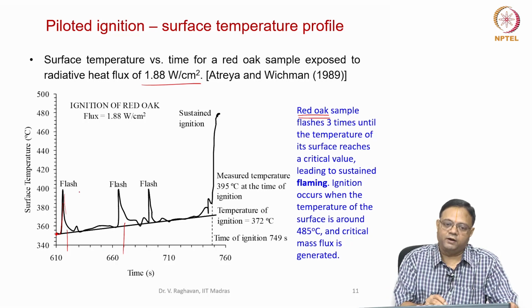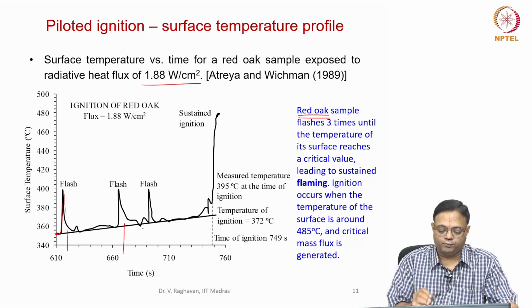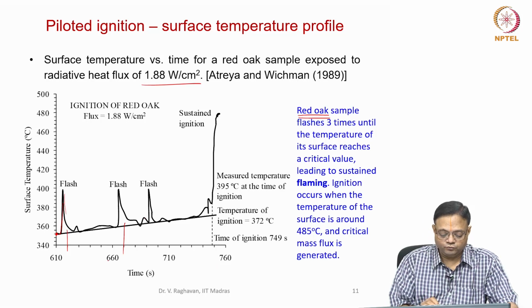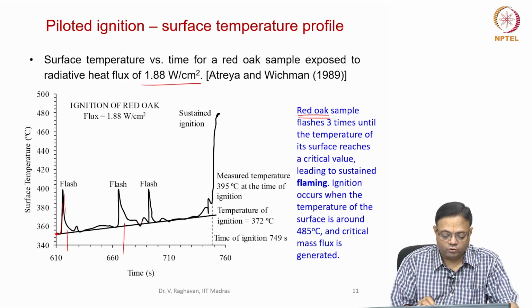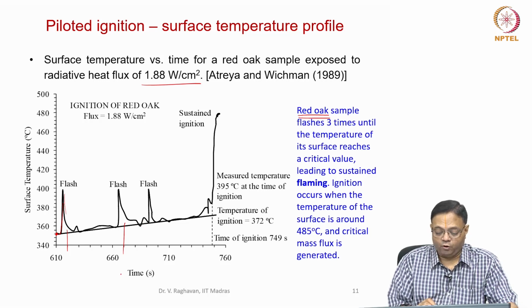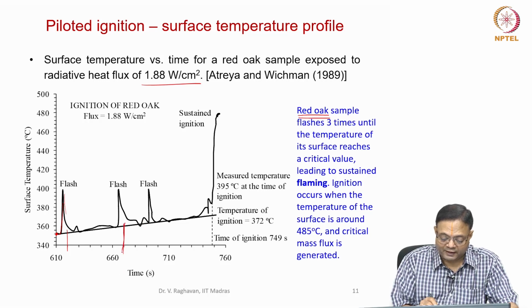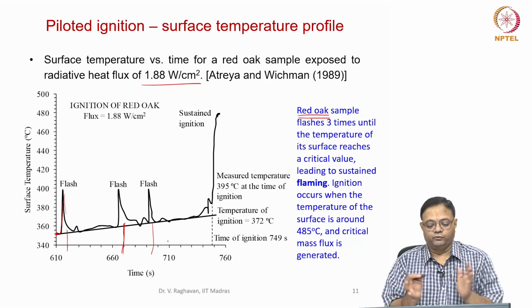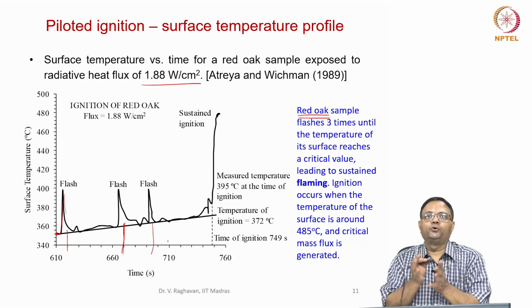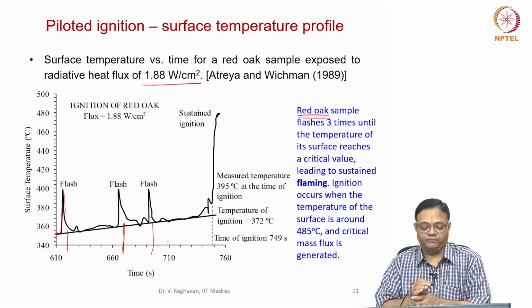When enough gases come out and enough mixture forms, another flash is produced. During this time you can see that the surface itself is heated from 350 degrees to about 360 degrees. Between the second flash and the third flash, the time interval reduces because more vapor is available within a shorter duration, because of the heating up of the solid surface.